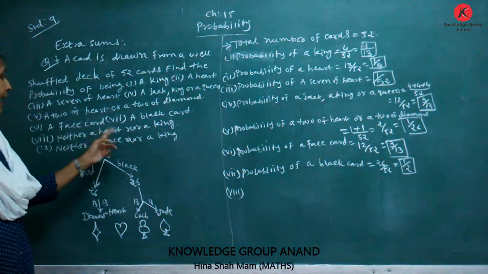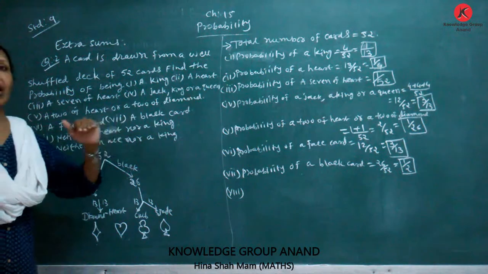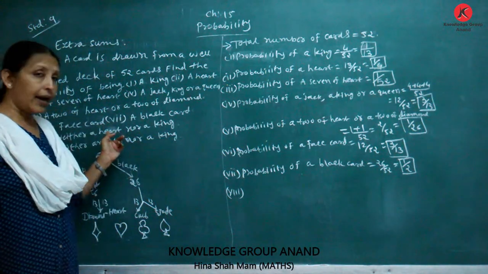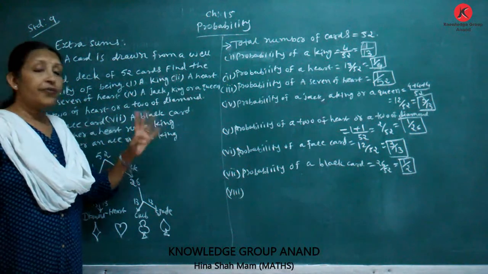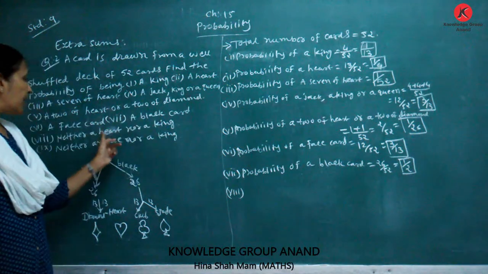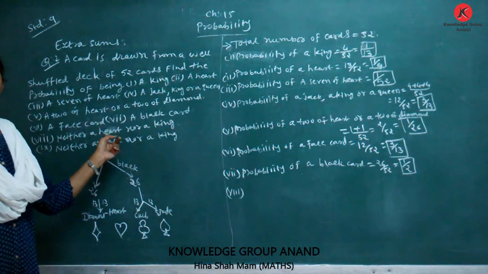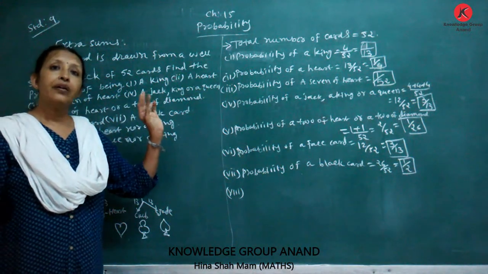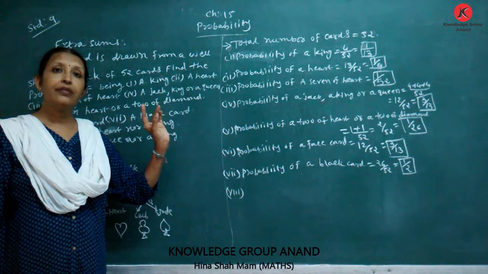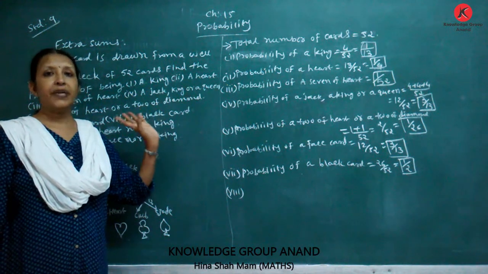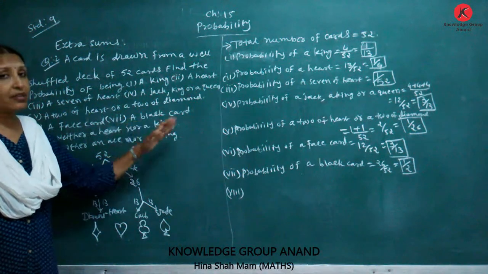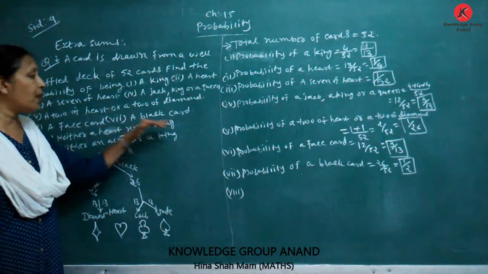These cards are removed from 52 cards. 13 cards of heart and 4 kings. But the king of heart is included in these 13 cards. Therefore, remaining 3 kings are diamond, club and spade. 13 plus 3 is equal to 16 cards removed from 52 cards.